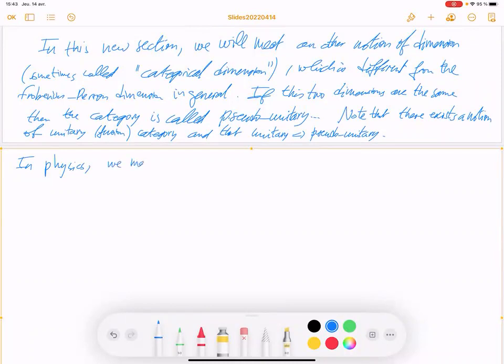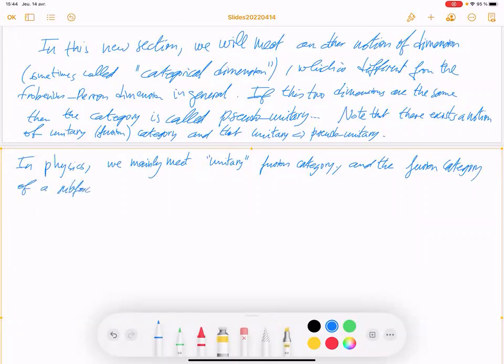We mainly meet unitary fusion categories, and the fusion category of a subfactor is always unitary.